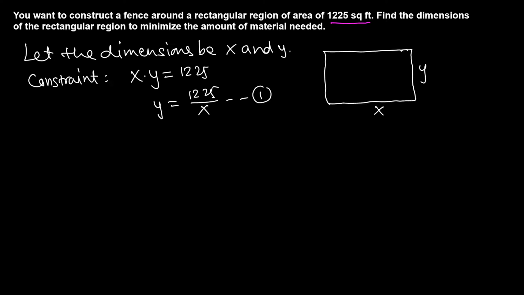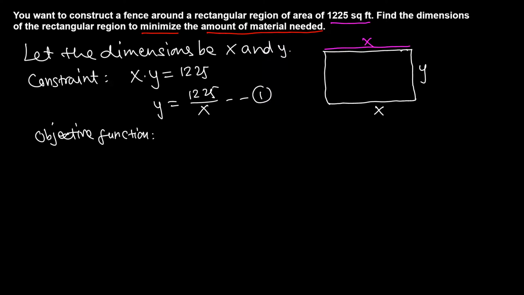Okay, so next thing we want to optimize, in this case, minimize the amount of material needed. So the objective function. The material goes around the rectangular region here.